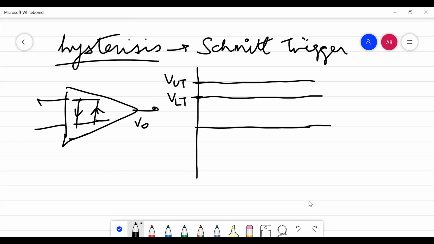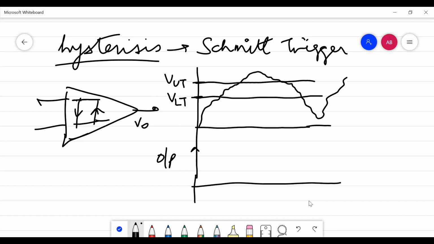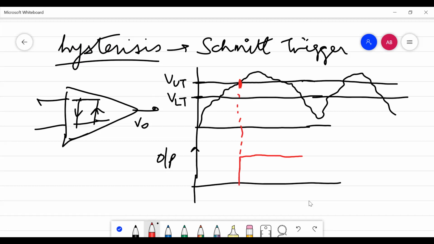Okay. So now this is the output of the operational amplifier. The signal that you have just got may consist of a lot of noise. The Schmitt trigger works by taking into account when the signal crosses the upper threshold voltage. Only then is it going to generate a square wave, until it crosses the lower threshold voltage.